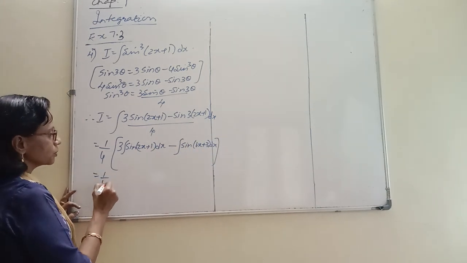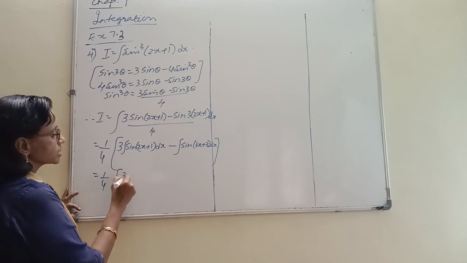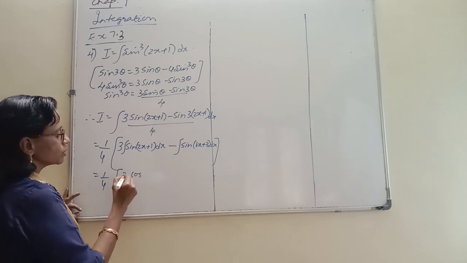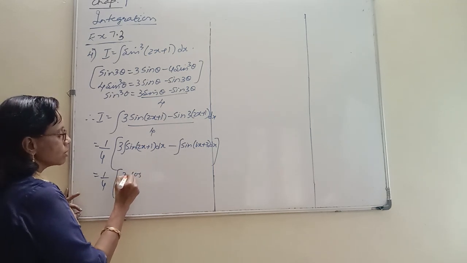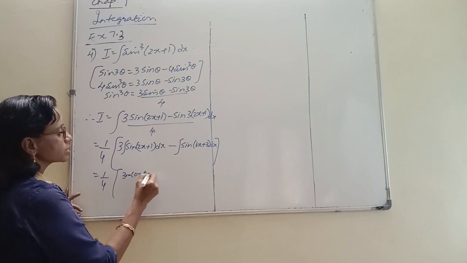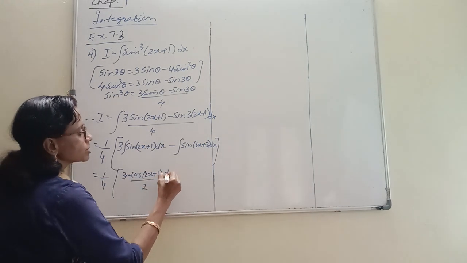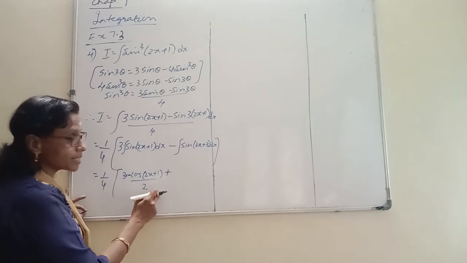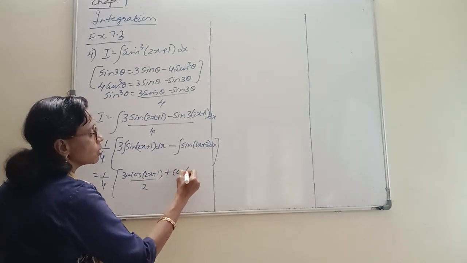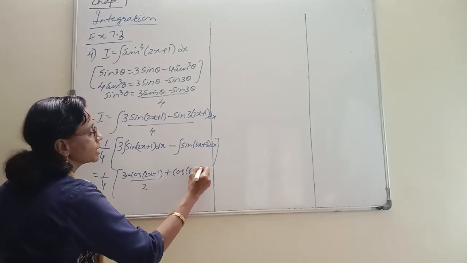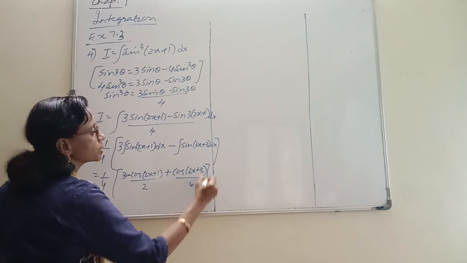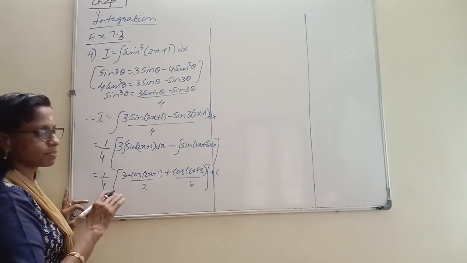The integral is 1 over 4 times 3 times the integral of sine, which we all know is minus cos. So minus cos(2x plus 1), with the integral coefficient 2 there. Here also it's minus cos, so minus and minus becomes plus, and you get cos(6x plus 3) with the integral coefficient 6. That's all. Now we just need to simplify this.